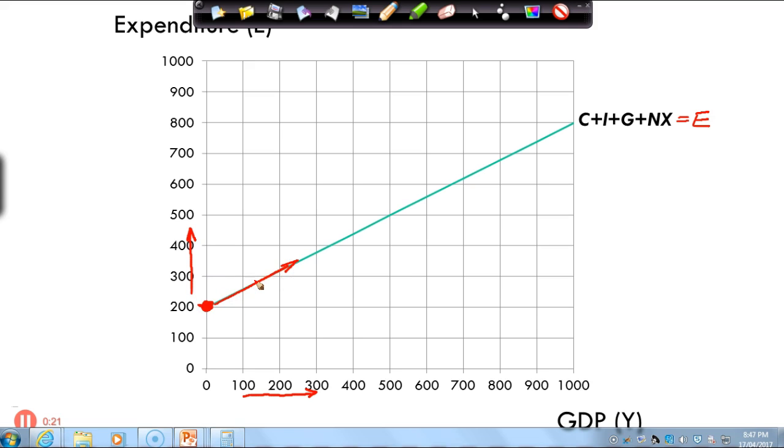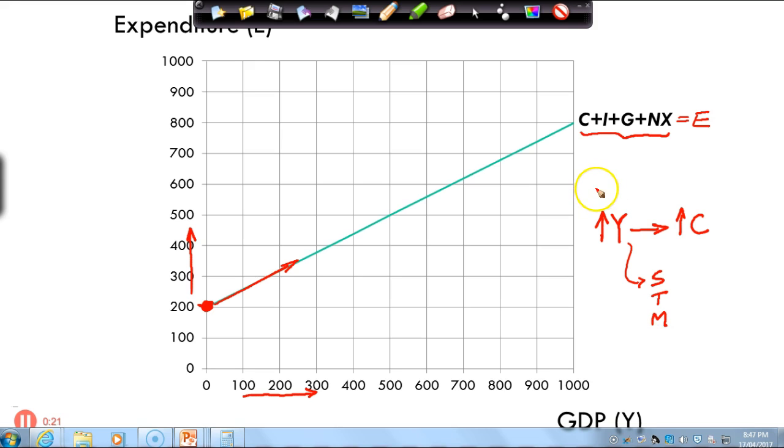That's chiefly because with an increase in income, of these variables, these components of expenditure, there's an increase in consumption expenditure. But remember, it's not a one-to-one relationship, because some of that income will go to savings, some will go to taxation, and some will be spent on imports.